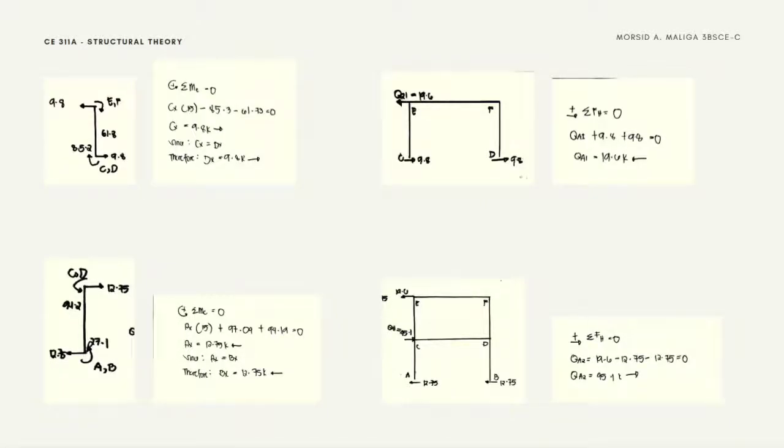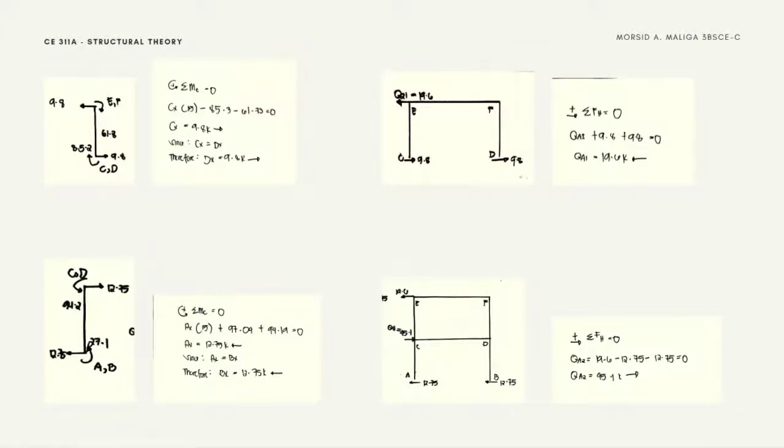So, next is yung atin dito, for our QA1, so it is equal to 19.6. Assuming that to the right is positive, we are going to use the formula of summation of horizontal forces, which is equal to 0.